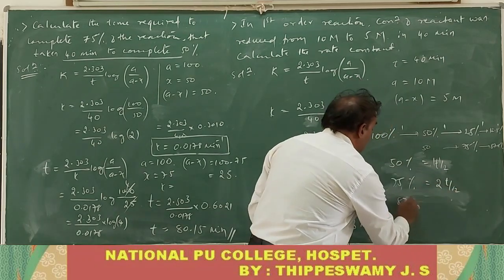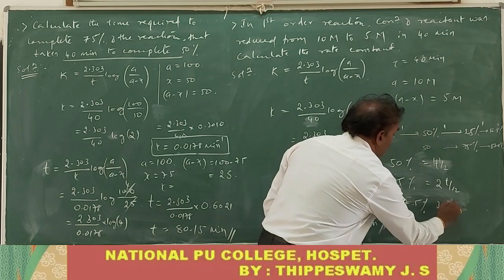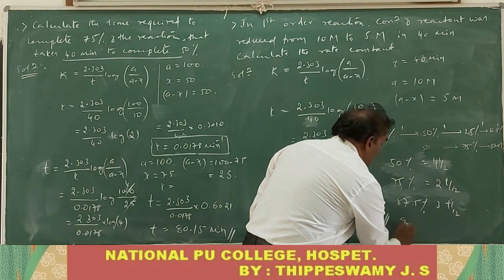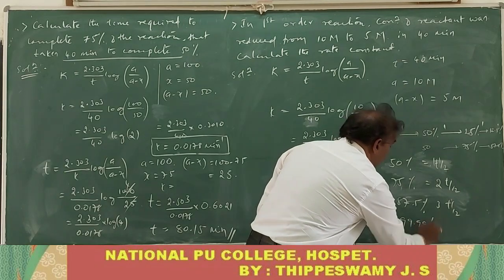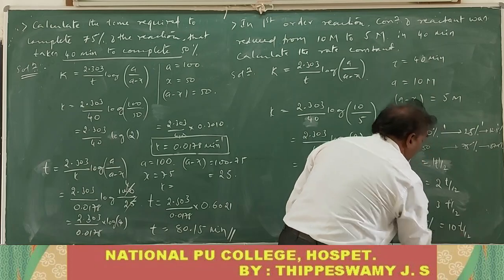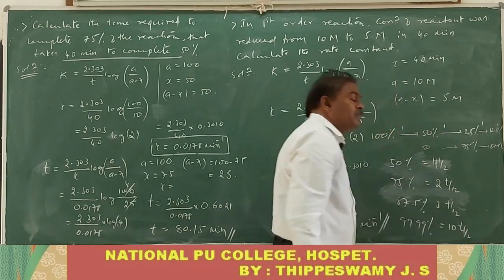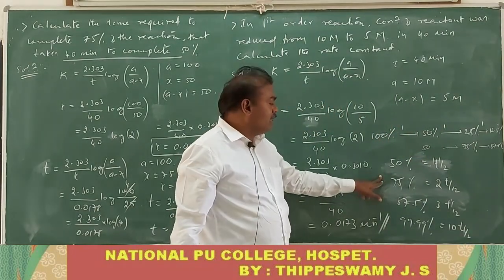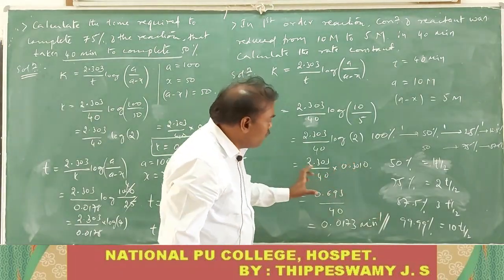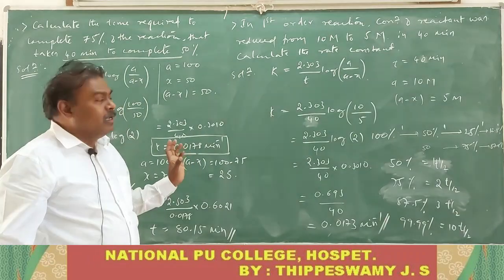Then 87.5% is equal to 3 into T half only. Like this you can write. 99.99% is equal to how much? That is 10 half lives. Like this we are writing the half life period and the percent of the reaction completed. This is the important thing in chemical kinetics.